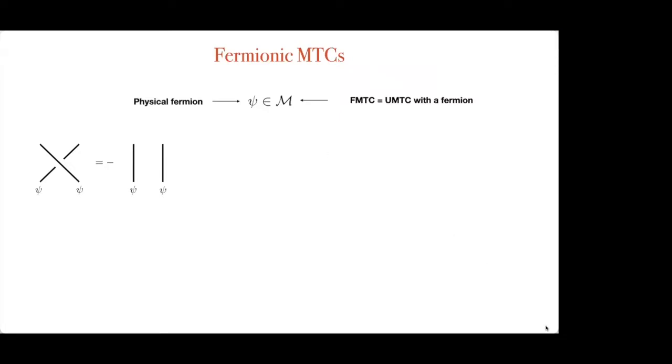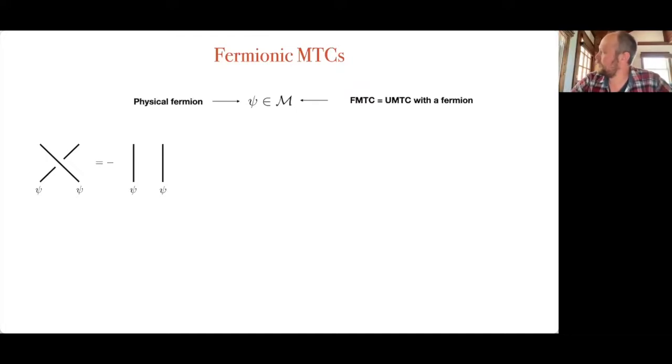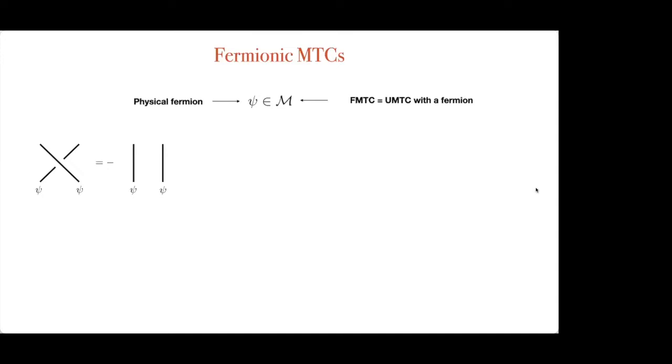You can realize your UMTC through Chern-Simons; Chern-Simons theory is universal as far as I understand. Yes, so there should be a picture. The most naive thing is, let's suppose any modular tensor category can be realized through a Chern-Simons theory. Then the thing that I'm calling a fermionic modular tensor category would be any Chern-Simons theory that has a fermion in it. At least that's where we're at this point in the talk. Okay, thank you.